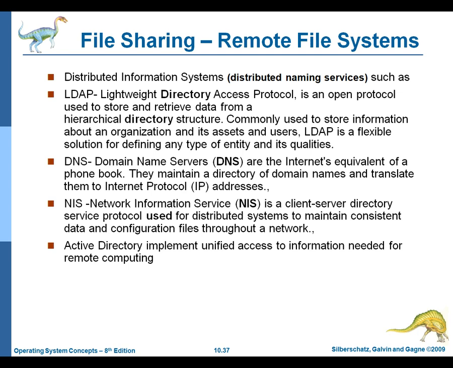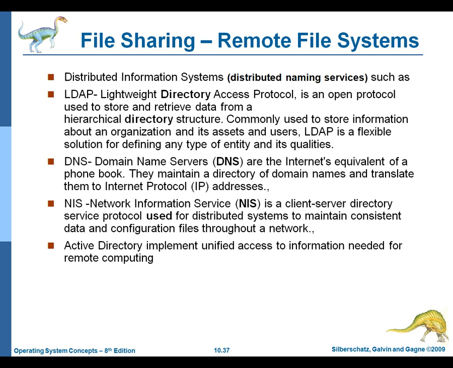Next is the NIS, that is Network Information Service. It is a client server directory service protocol which is used for distributed systems to maintain consistent data and configuration files through a network.